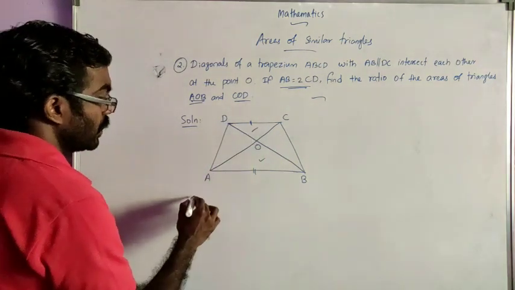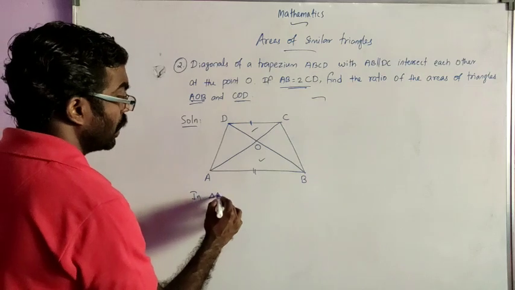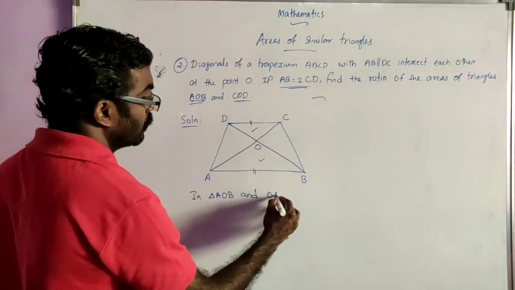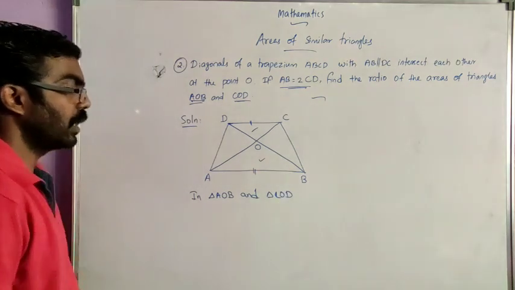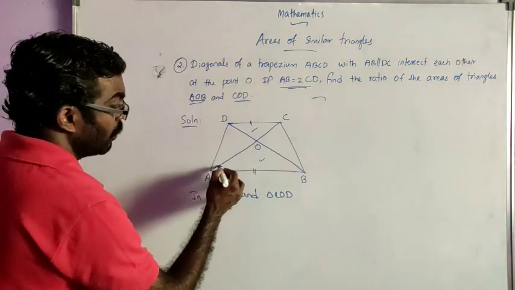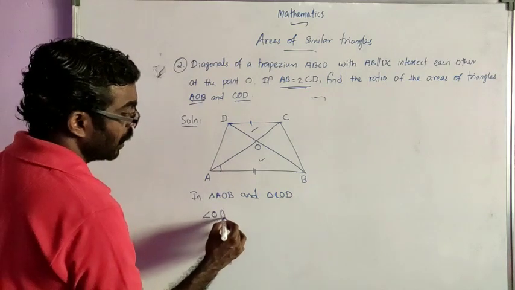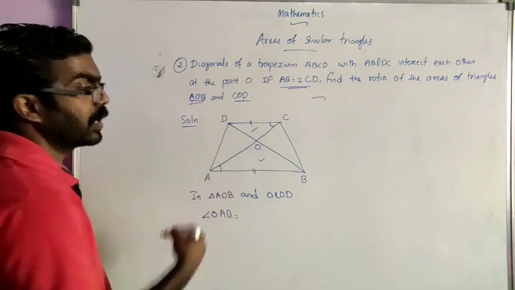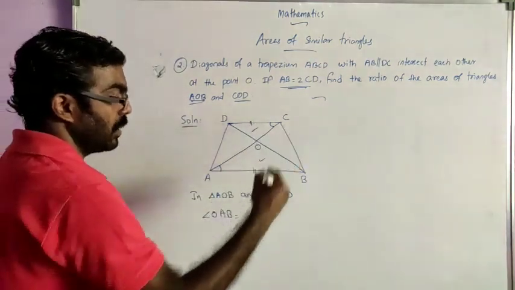So here we can consider the triangles AOB and COD. In triangles AOB and COD, angle OAB will be equal to angle OCD, alternate angles, since two lines are parallel.